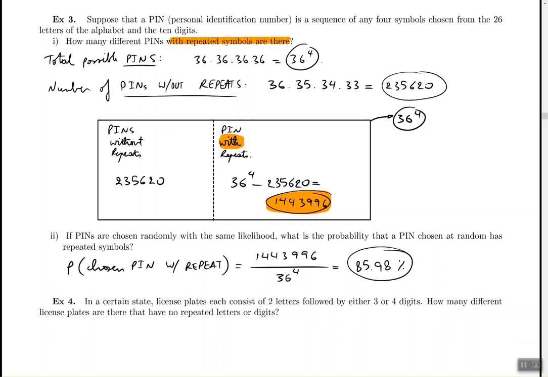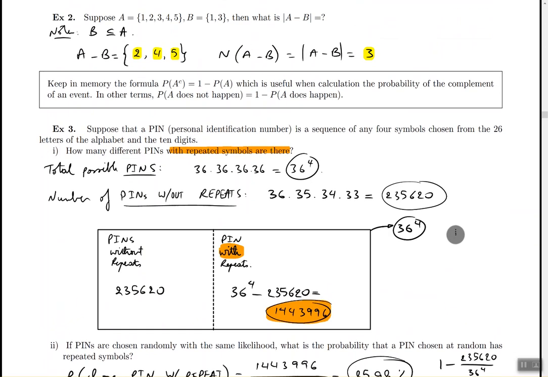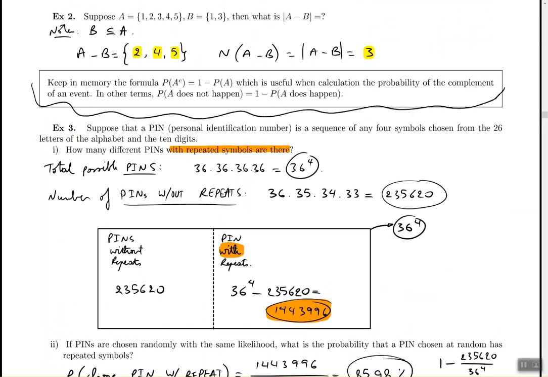Now there's another way of getting this number if you wanted to. Since I already know how many pins have no repeats, I could get this answer by doing 1, because that's the probability of choosing a pin, minus the probability of choosing a pin without repeats, which is 235,620 divided by 36 to the power 4. That would be using the second strategy that I'm describing over here in this box.